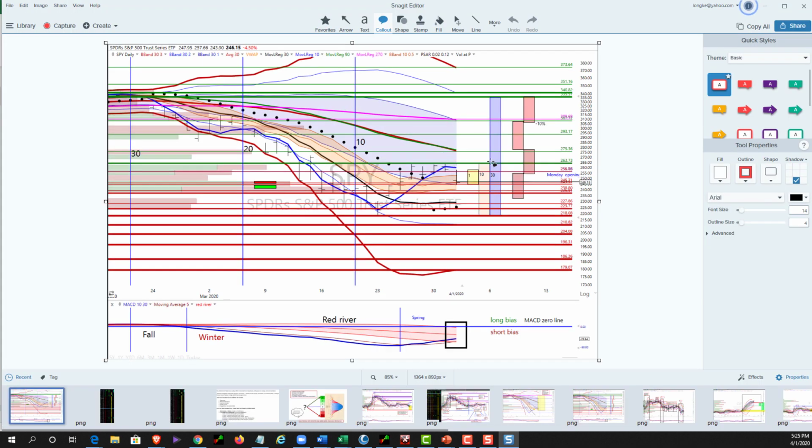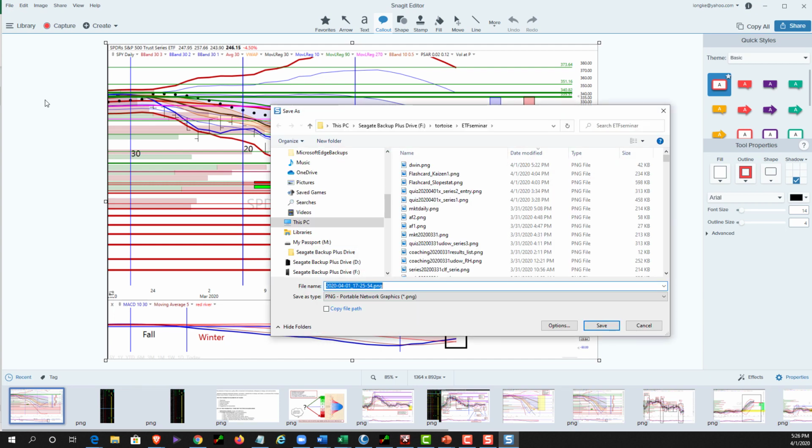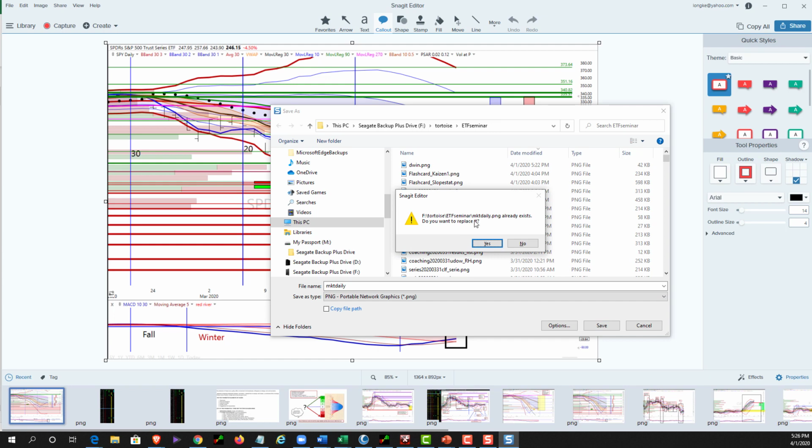You're going to notice this 10-day high is right where that RL10 flipped as well. So I'm going to call that one file save as market daily.